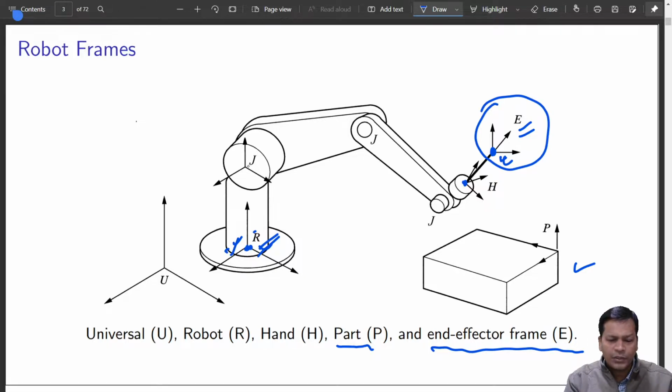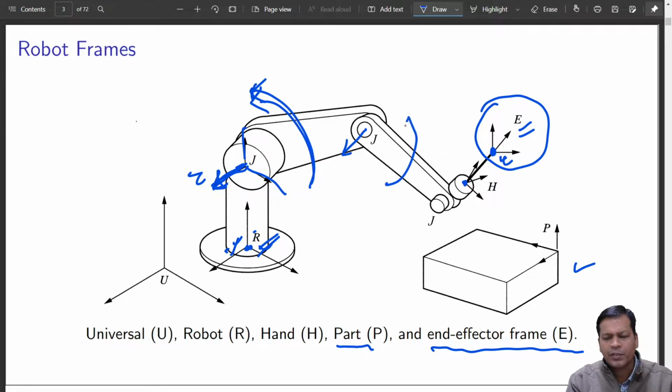You have a joint frame also. If I talk about this joint, this is the link which rotates about this axis. So if this is one of the frames, about this frame this link is rotating, about this frame this link is rotating, is it not?